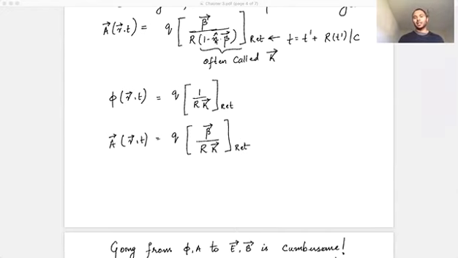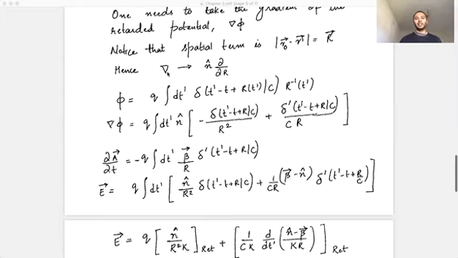And again, N is just a unit vector along R. N is the unit vector along the line joining the observer and the charge. So you just need to calculate the gradient along R. Once you know how to take the gradient along R, you're done.